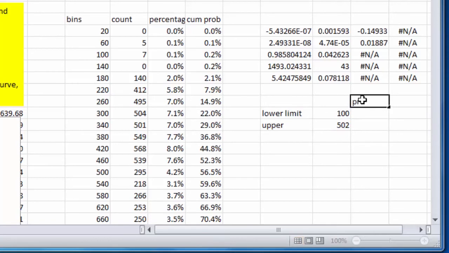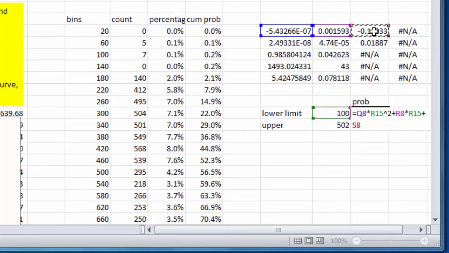Prob. And this is going to be this times, I think I'll do it this way. There's the coefficient times this squared plus this coefficient times this plus the constant.